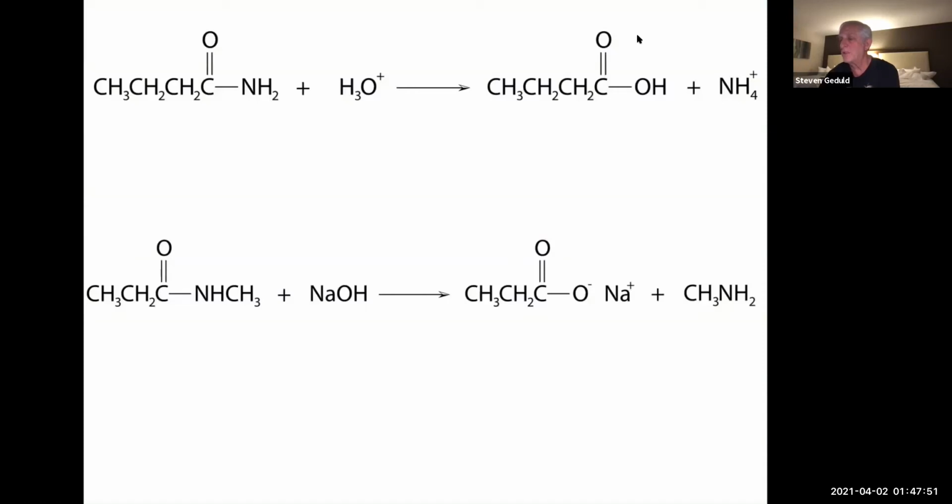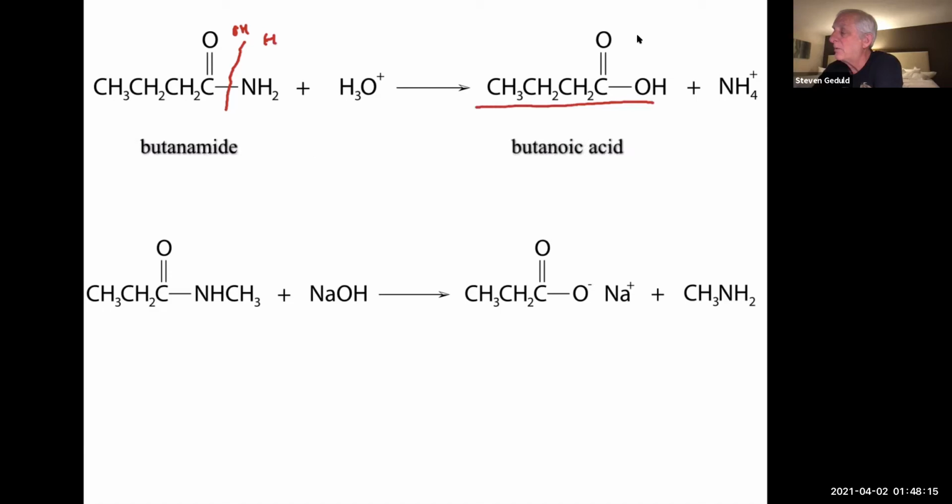All right, so these are just examples of the same thing here. Butanamide, strong acid. Remember, strong acid breaks this bond. Okay, you're going to add water. You're going to have OH and H. Okay, so you're going to end up with your carboxylic acid and you're going to have the ammonia, which is NH3, and the extra H here is going to form ammonium.